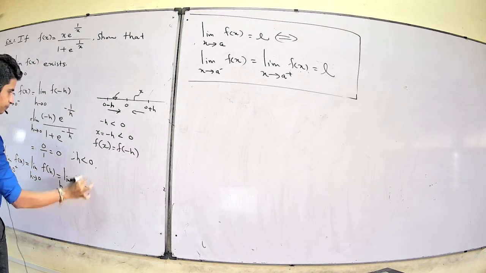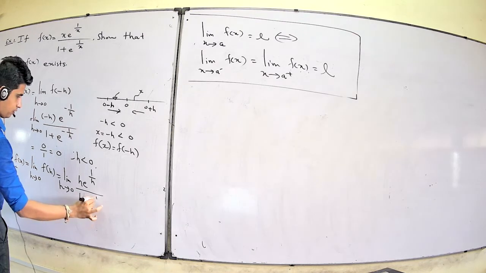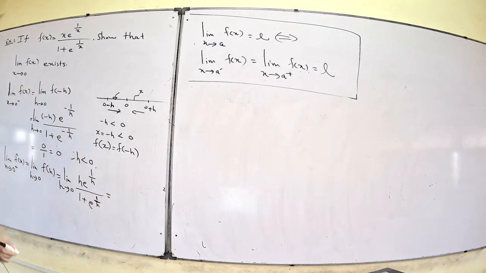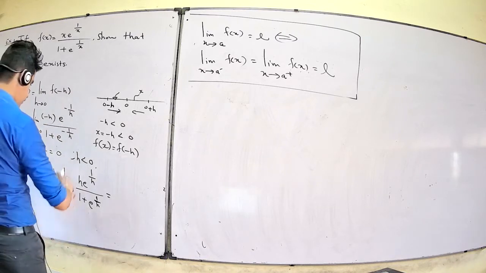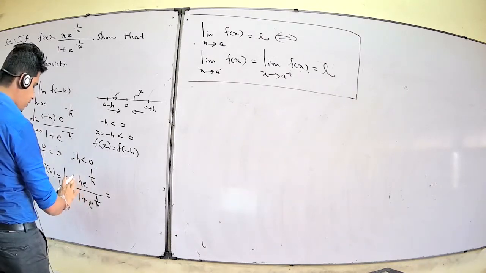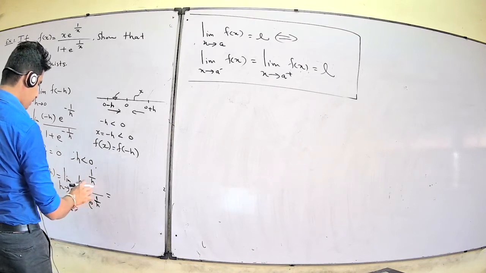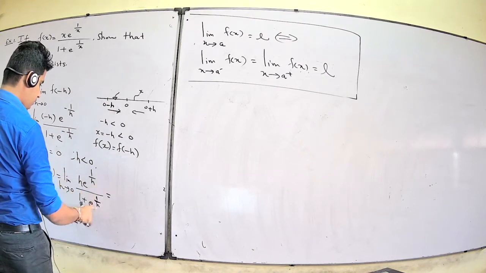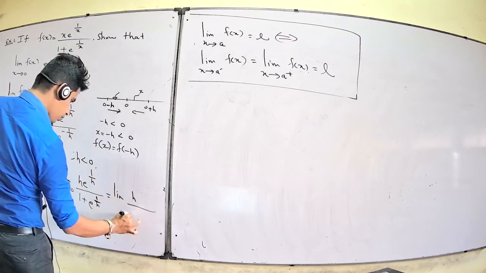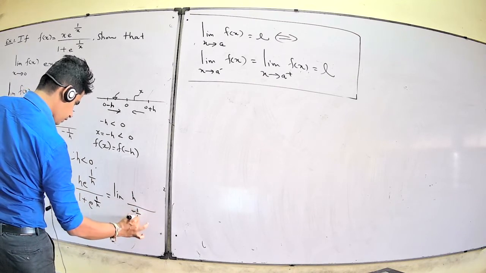Then h e power 1 over h over 1 plus e power 1 over h. Suppose h tends to 0, what is the value of this part? You can multiply by e power minus 1 over h in the numerator and denominator, and we get the limit of h over e power minus 1 over h plus 1.